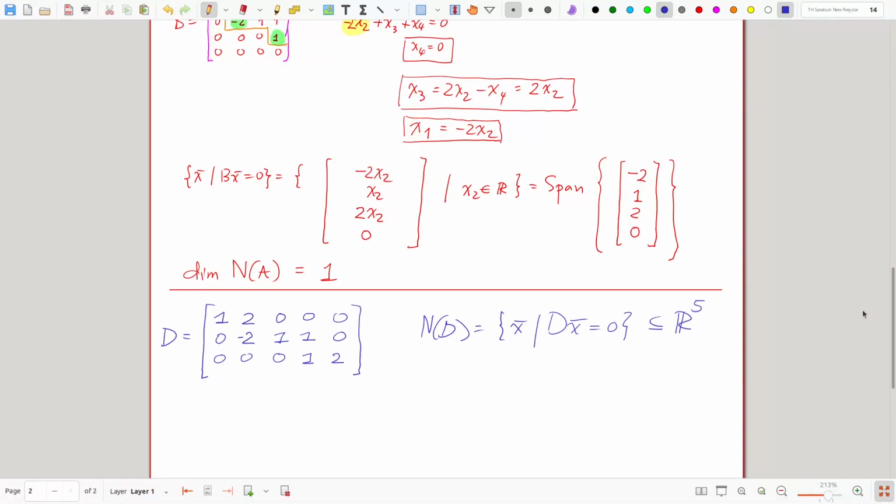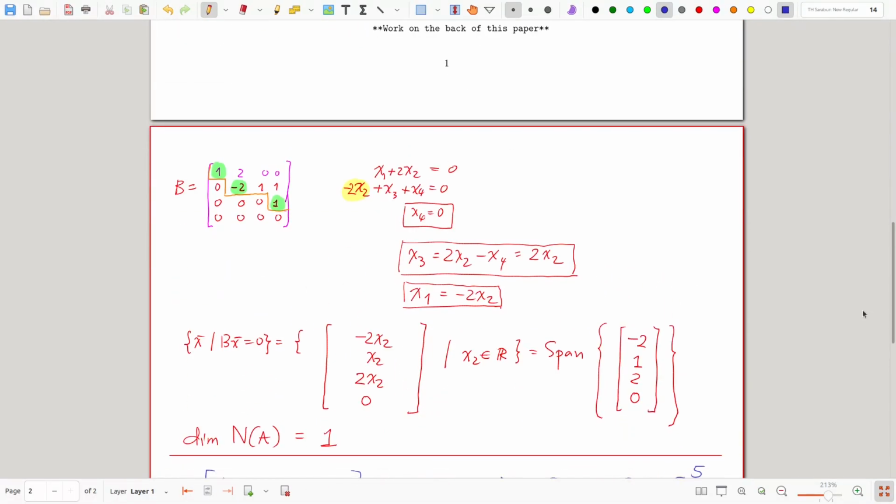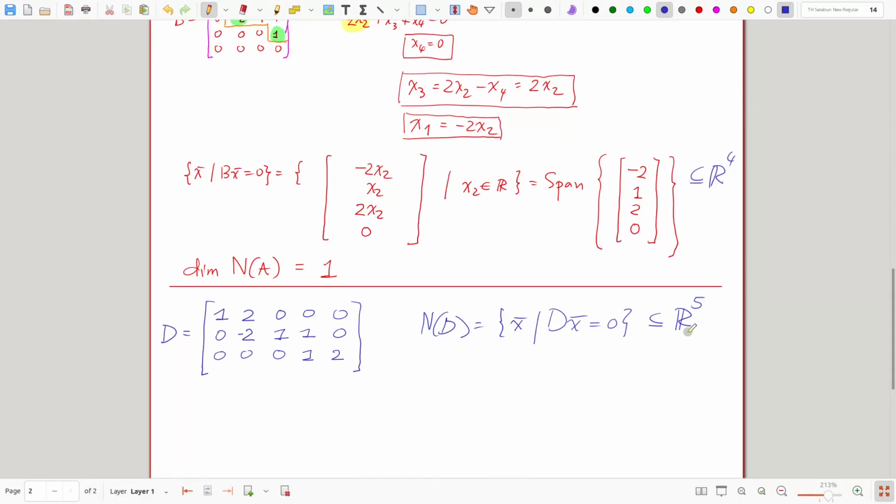Like previously, the null space was a subset of R to the 4th, right? You had 4 variables, but now we have 5. Write it as a span of a set of vectors.